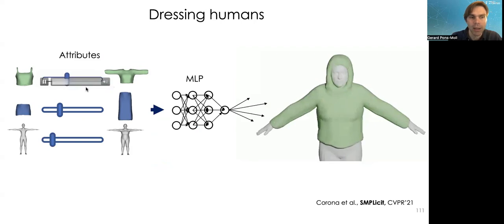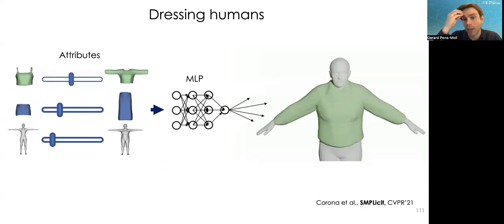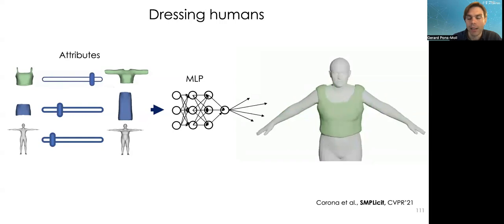So by moving along the principal directions in the latent space that the model has learned, you can interpolate different clothing styles, cuts and shapes. And this is what is being illustrated in this picture.